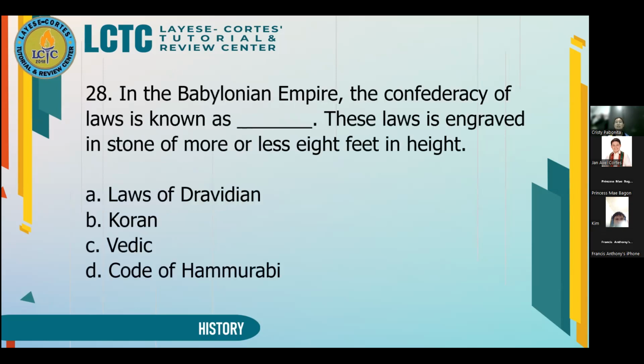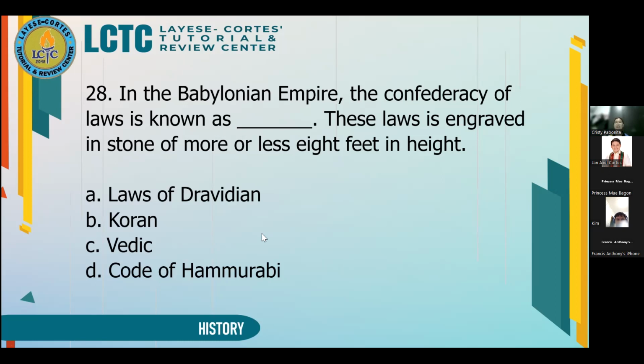28. In the Babylonian Empire, the collection of laws is known as blank. These laws are engraved in a stone of more or less 8 feet in height. Babylonian Empire, it was under King Hammurabi. He was known because he gathered the laws and named it the Code of Hammurabi.